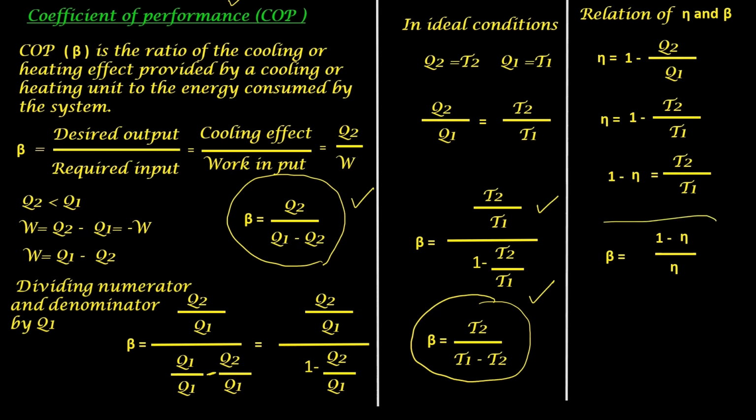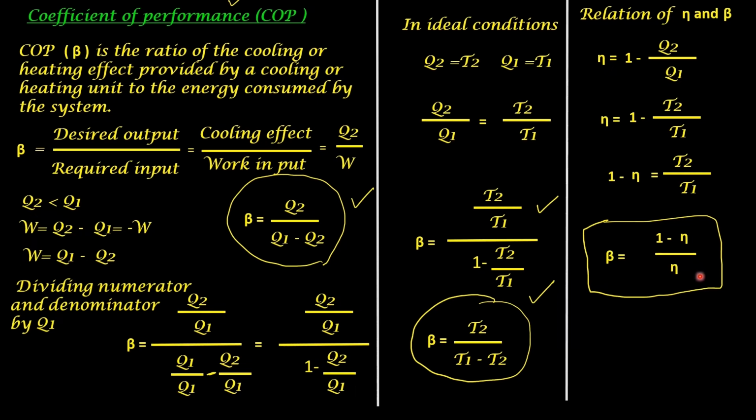That is the relation of efficiency and coefficient of performance of refrigerator. The same method is followed in the case of heat pumps as well. The only thing is heat is given into the room. That's all. Let us consider a few facts here in order to understand the significance of this.